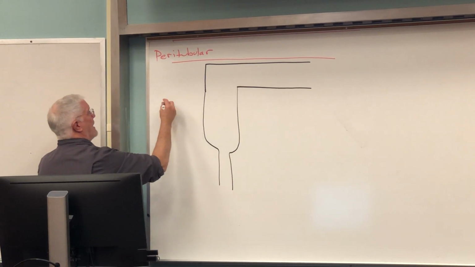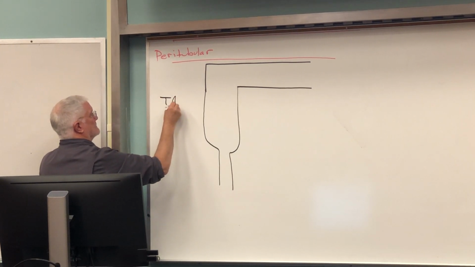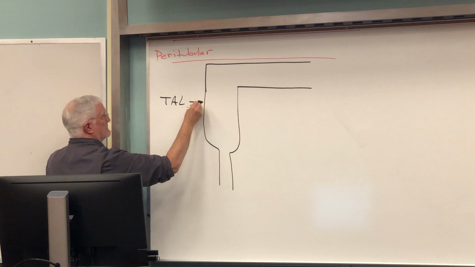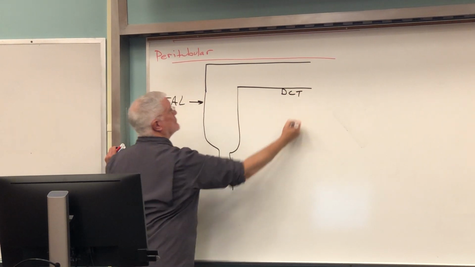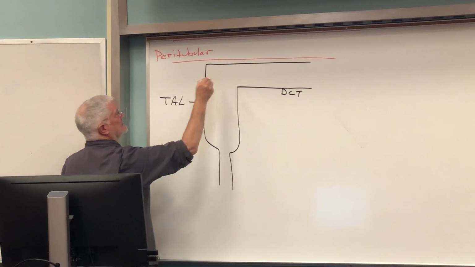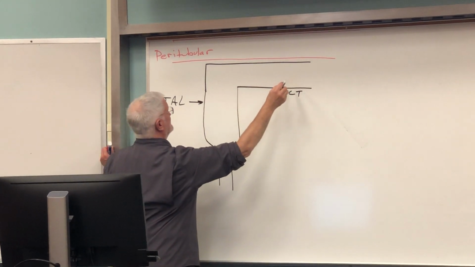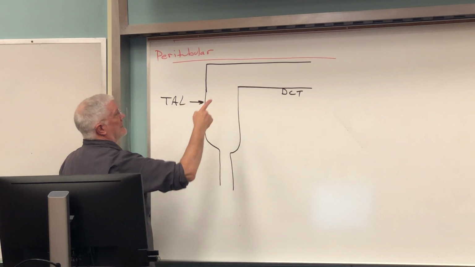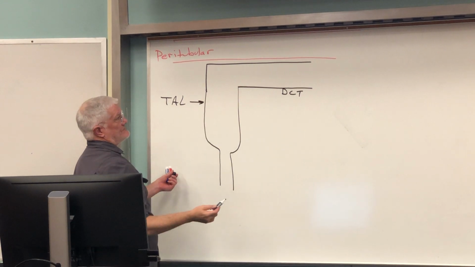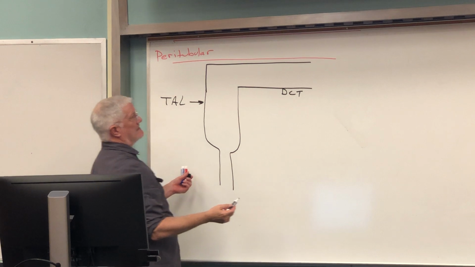This will be your tau. This will be your distal convoluted tubule. And we'll let the black line represent cells, I think.